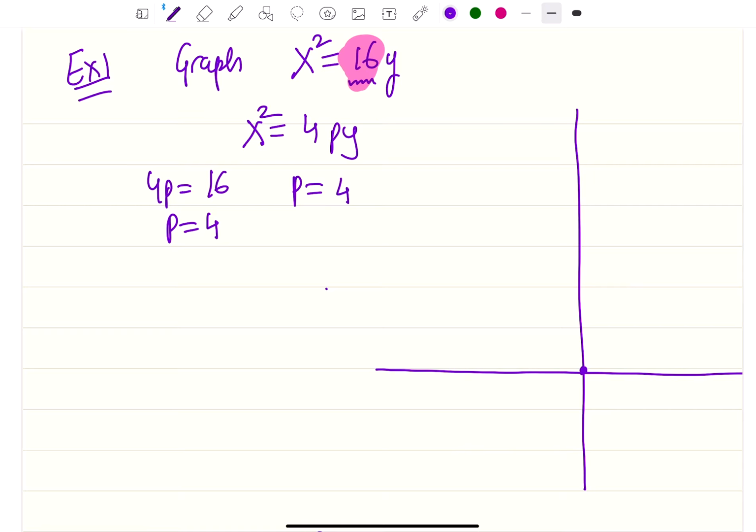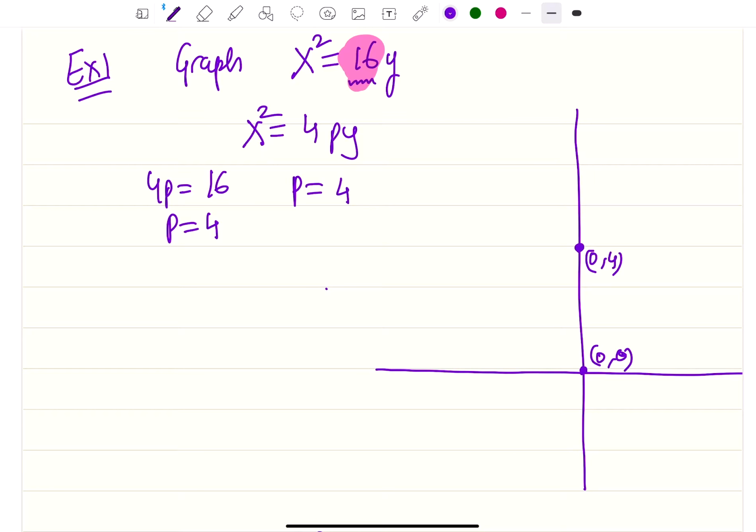So p is the distance between the focus and the vertex. So inside the parabola, focus will be at 0, 4. Vertex is 0, 0.